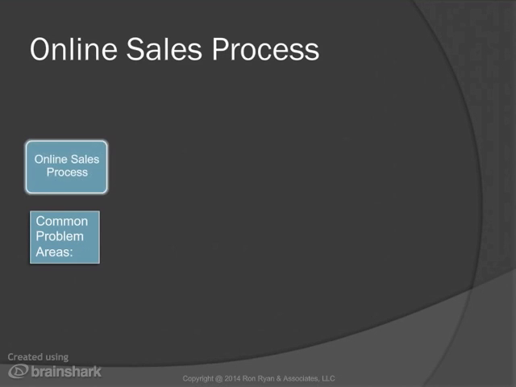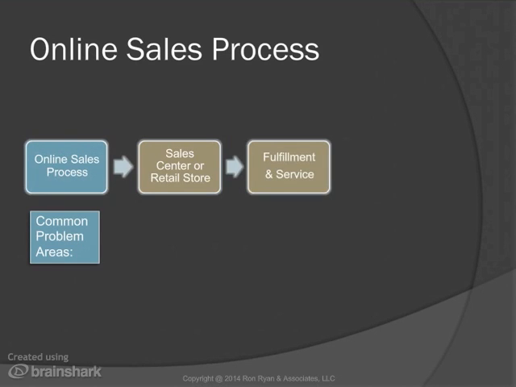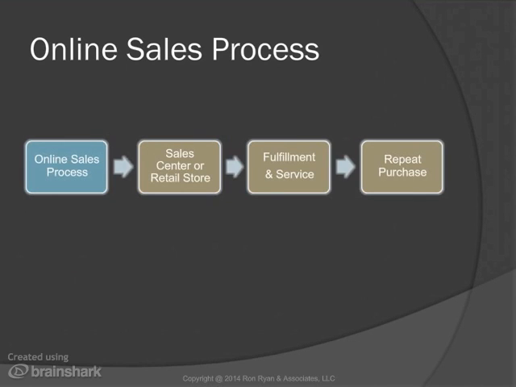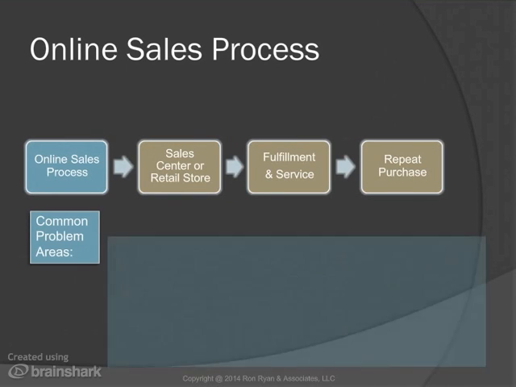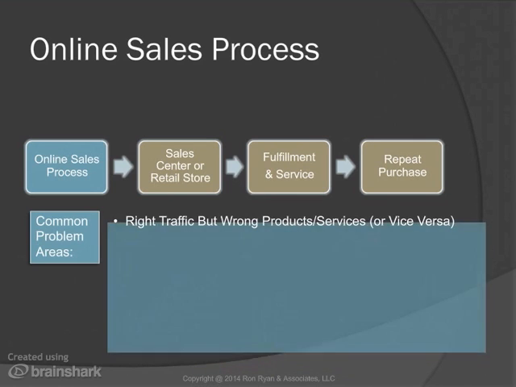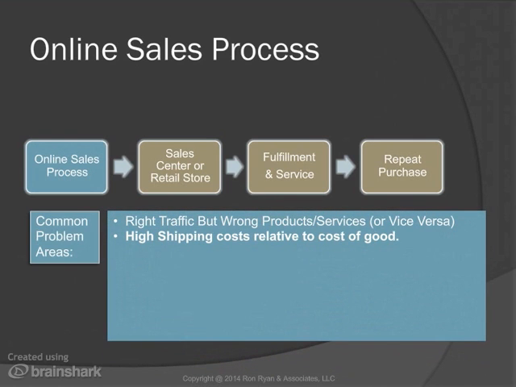So what are the friction points in the online sales process? Moving from top to bottom. Right traffic but wrong products or services, or vice versa. High shipping costs relative to the cost or price of the good.